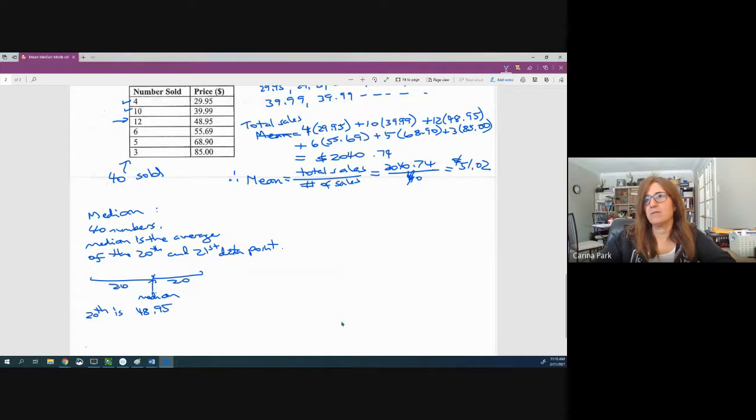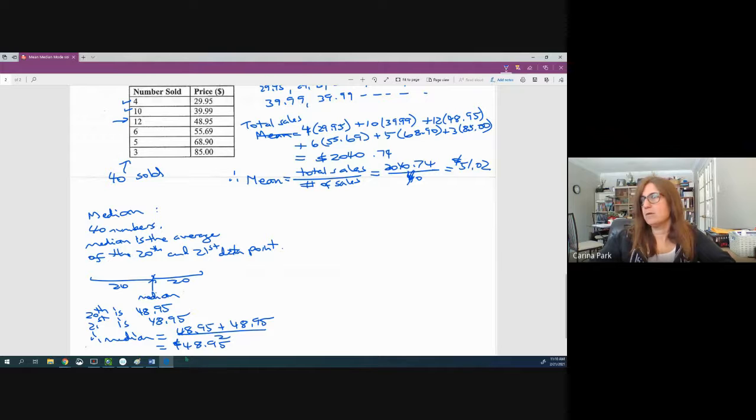And actually the 21st is also $48.95. So therefore the median is going to be the average of those two, but they're the same. So I'm going to get $48.95. So that's the median. And you see that the median is different from the mean. It's different from the average of the whole thing.